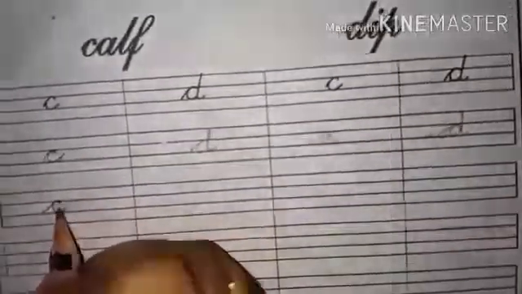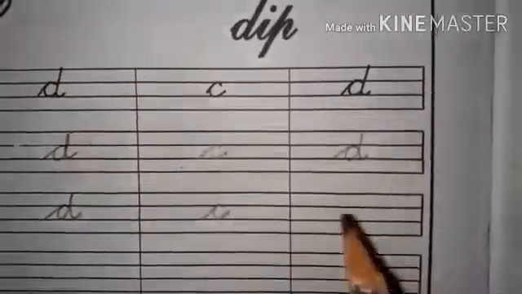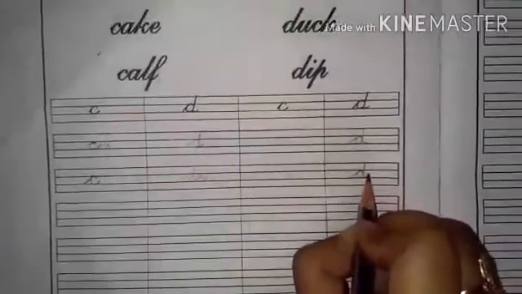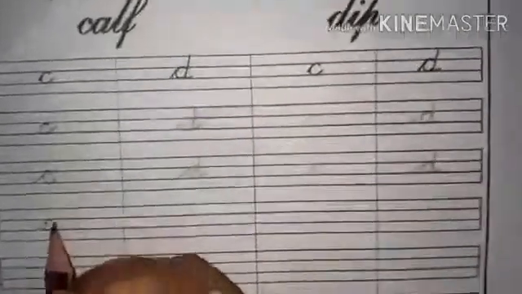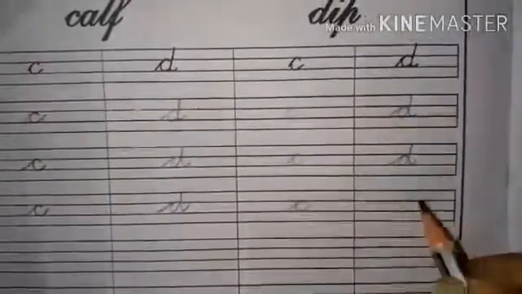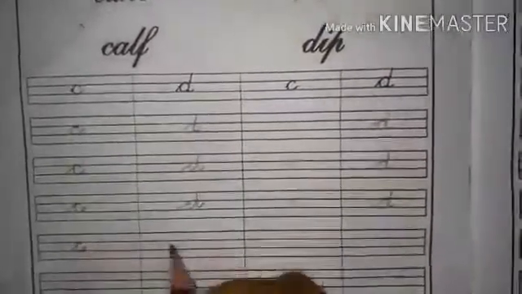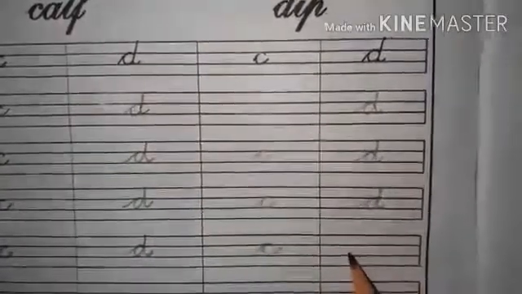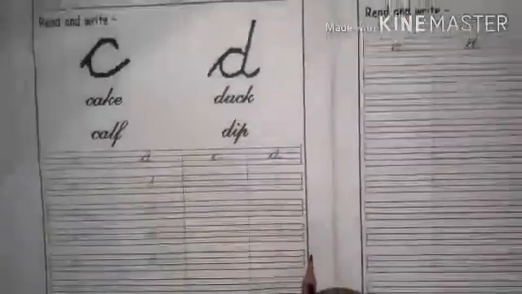Small cursive C, small cursive D, small cursive C, small cursive D. All of you written? Good. All of you written? Good.